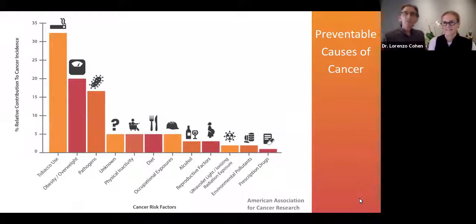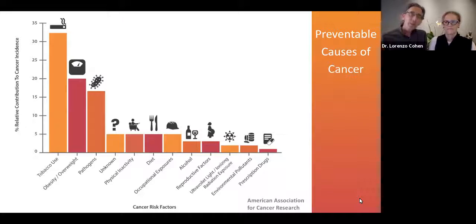So let's get into a bit of the science. We know how to prevent the majority of cancers in our world, and a number of the lifestyle and behavioral factors are shown here. We're not going to go into details of all of these, but the evidence is clear that at least 50% of cancer and 50% of cancer deaths could be prevented.